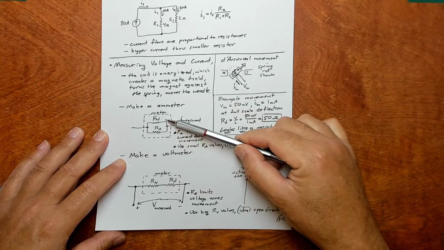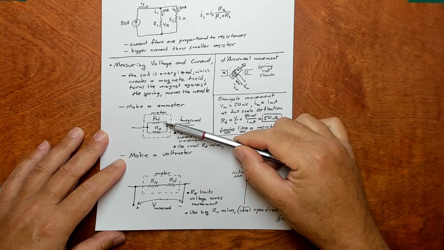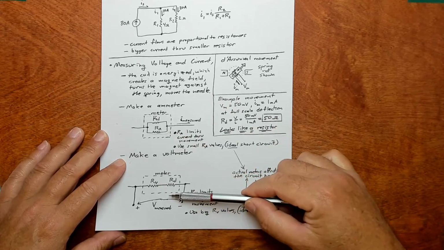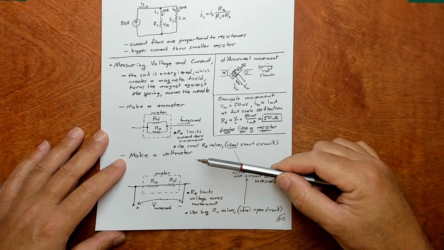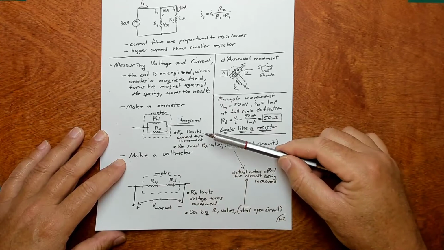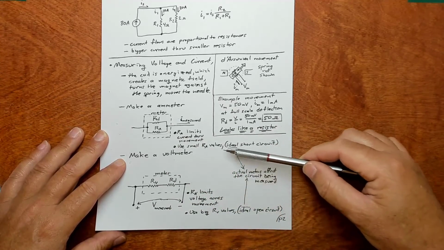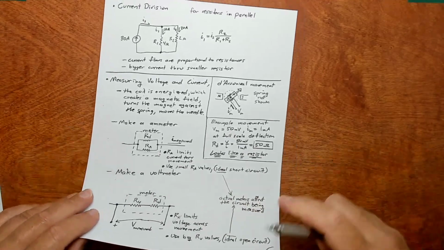One of these devices utilizes current division, and this one utilizes voltage division. And also we're approximating some ideal short circuit and open circuit things. So just to summarize what I said.